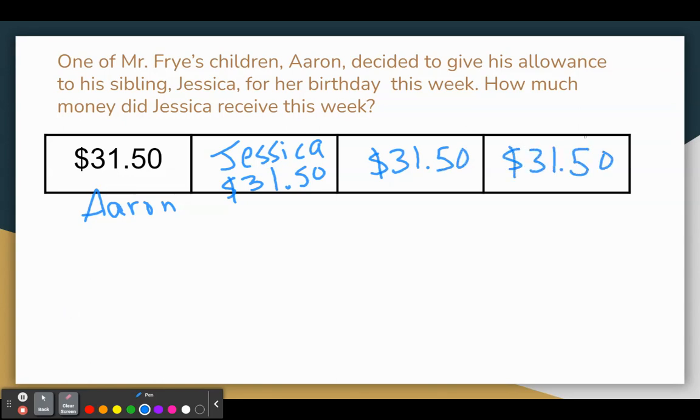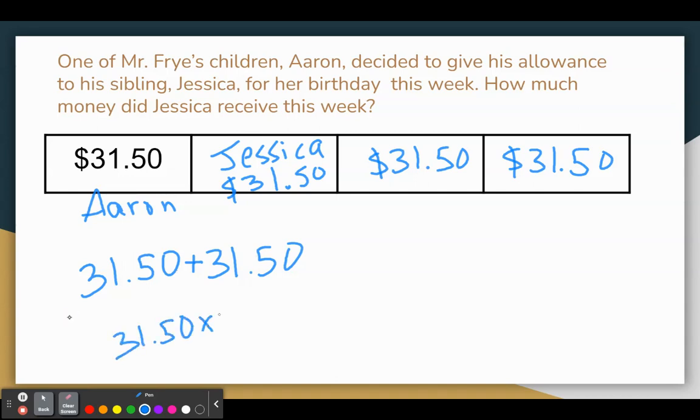But Aaron decided to be nice and give his entire allowance to Jessica. So Jessica got Aaron's allowance, which was $31.50, and her own allowance, which was $31.50. So we can add 31.50 plus 31.50, or we can do 31.50 times 2.